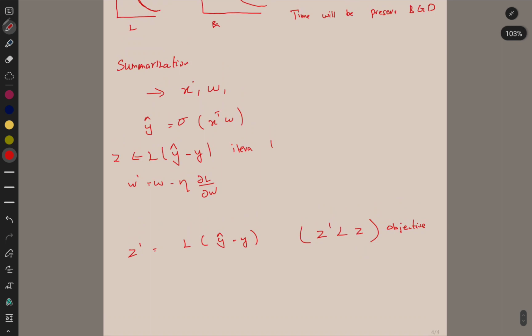Initially when you start training, there are multiple places, let's say there are saddle points. This point is known as a saddle point.